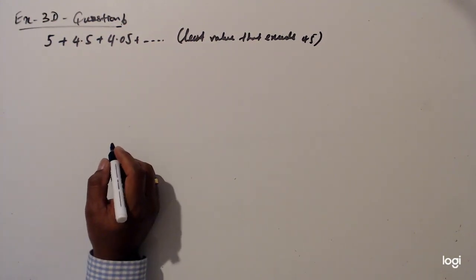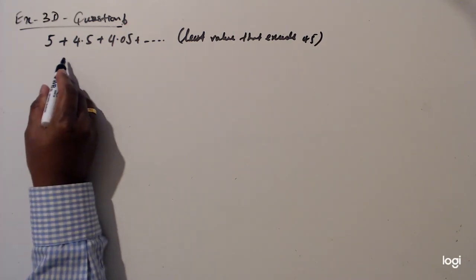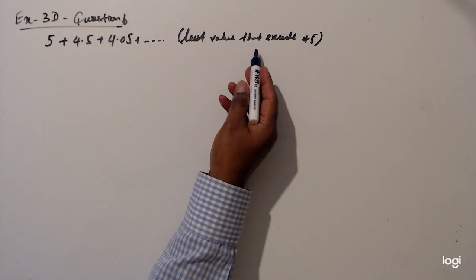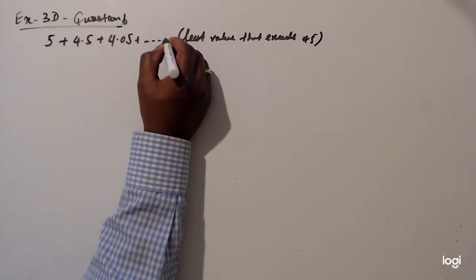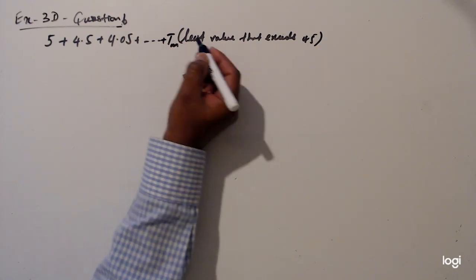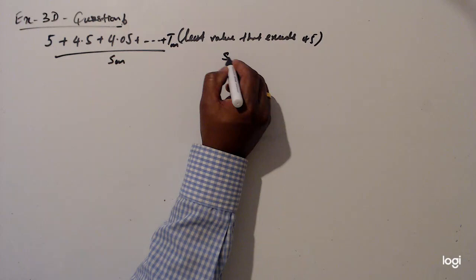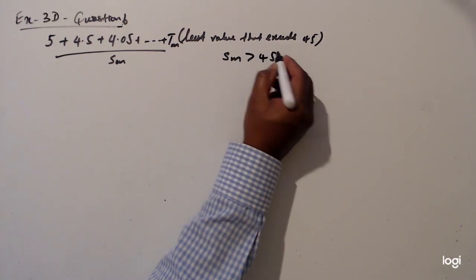Question number 6, again the same type of sum. So 5, 4.5, 4.05, we want to find the least value that exceeds 45. So assume there is a term Tm, so up to addition Tm is Sm, so Sm has to be greater than 45.